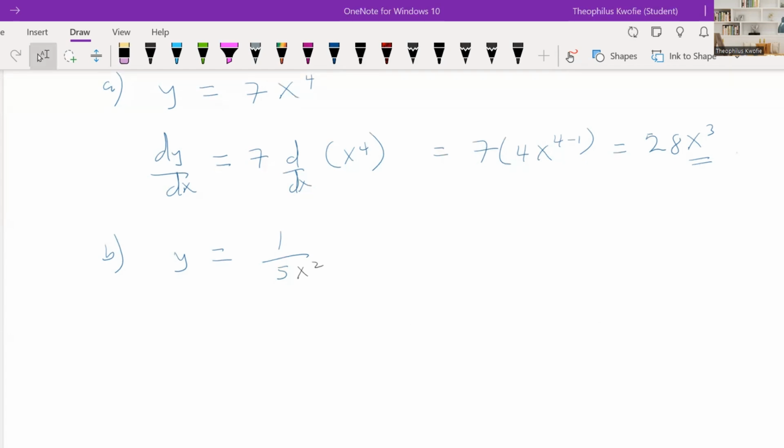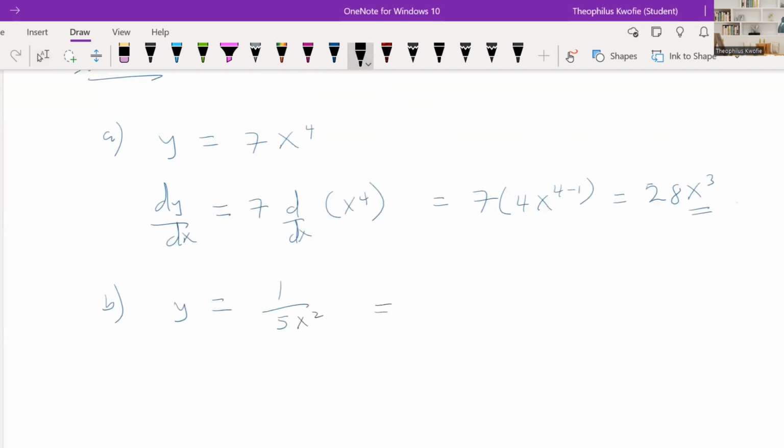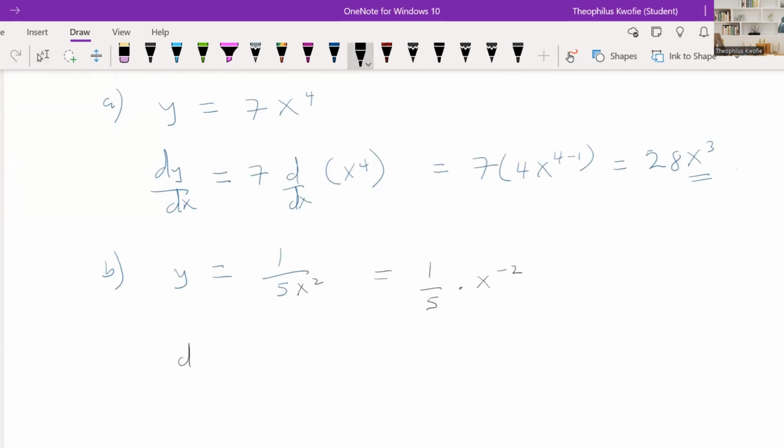Okay, for this question, you may want to pause your video and try to see if you'll be able to solve it. All right, the easiest way to solve this problem is for us to try to invert the x^2. So let's write it as something like this. Here, we said that the derivative of a constant times a function is just the constant times the derivative of the function.